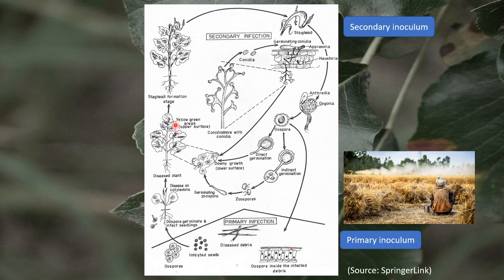For now you don't have to understand this cycle, because you already have a separate syllabus for it, this is white rust of crucifers. Similarly you have a separate topic of loose smut of wheat, which I'll be explaining in later lectures. So for now this is just for you to understand what is primary inoculum and what is secondary inoculum, right?